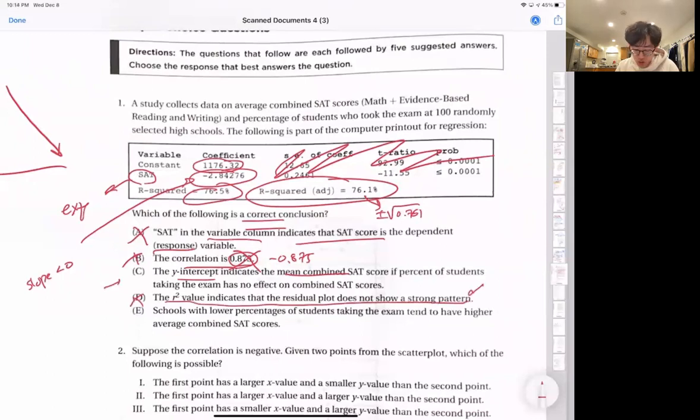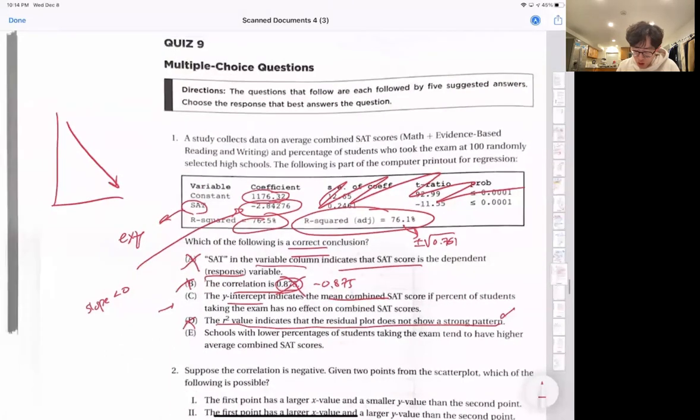The last one, schools with lower percentages of students taking the exam tend to have higher average combined SAT scores. So that means lower percentage of students taking the exam tend to have a higher. So the Y variable, let's take a look here. The X variable is your SAT, and percentage of students who took the exam at 100 in these schools. Data on average combined SAT scores and percentage of students who took the exam at 100.